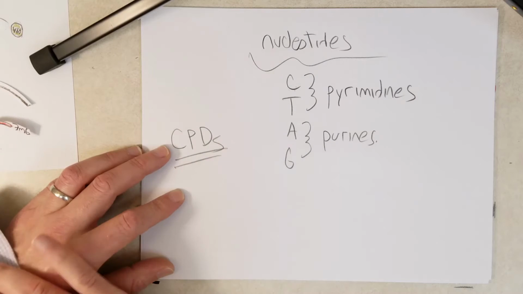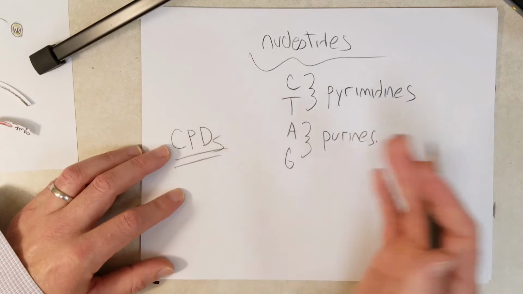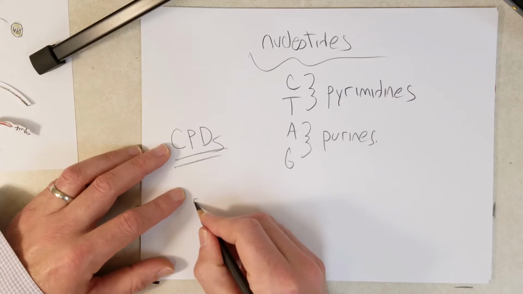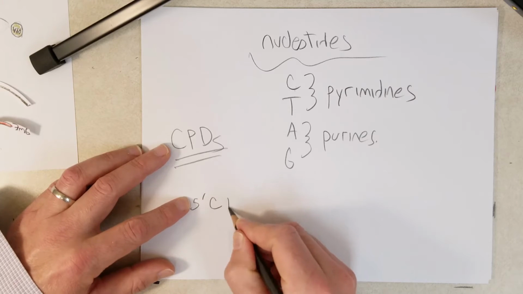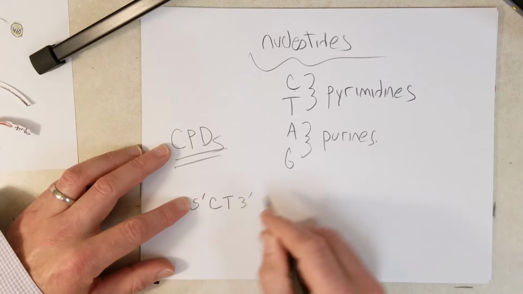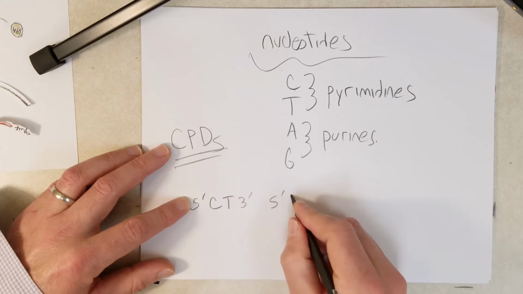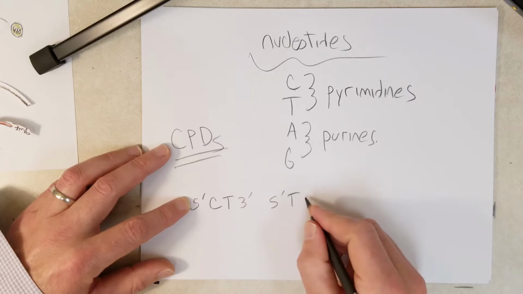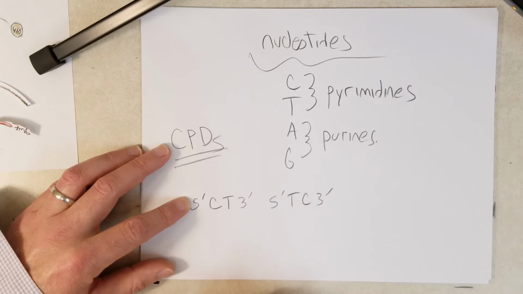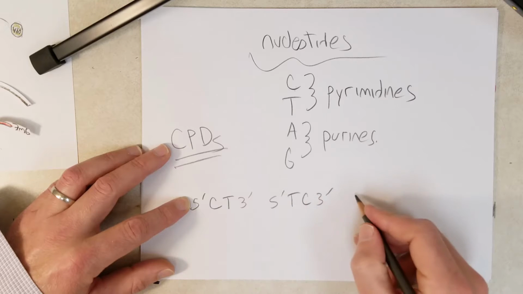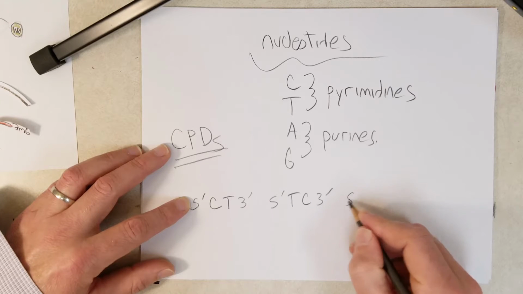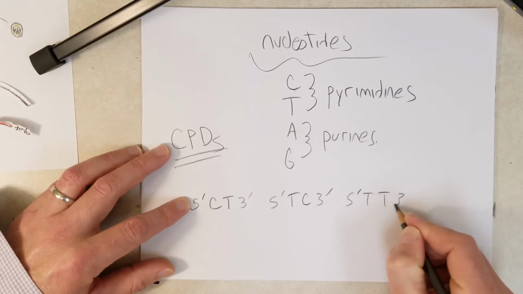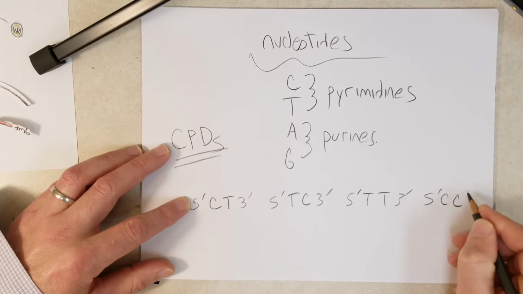DNA is double-stranded, so if we take one strand and find, let's say, a C followed by a T, it could be the other way around with the T at the 5' end followed by a C. We could also have two T's or two C's.